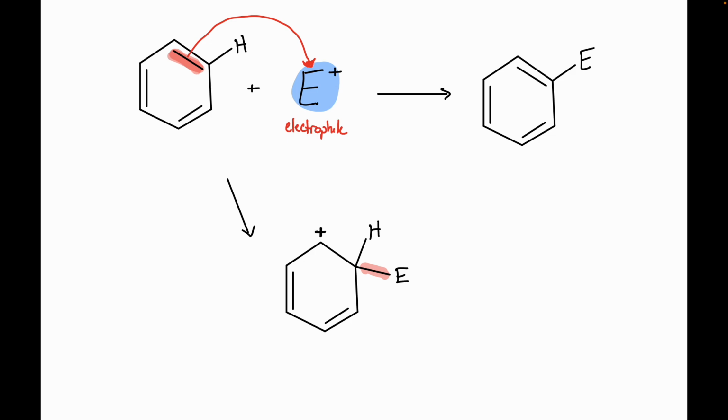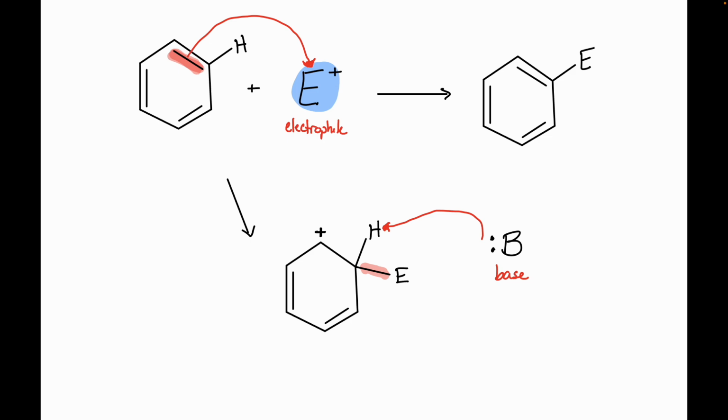All right, well now I gotta get rid of this hydrogen, so now we're gonna have some base. We use generic B with some lone pairs on there. That base is going to deprotonate that ring, leaving me with just that electrophile on there.